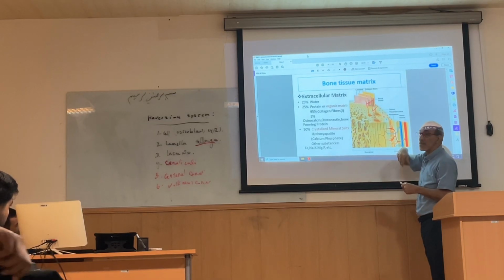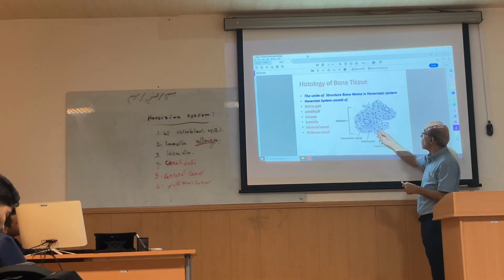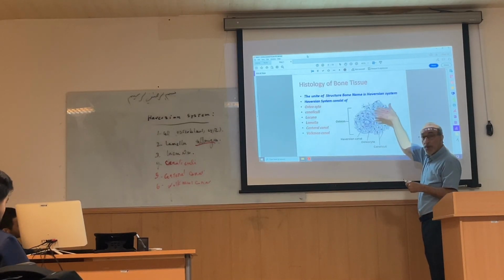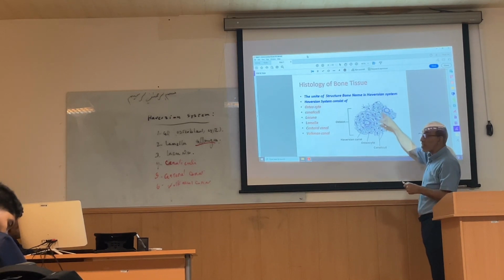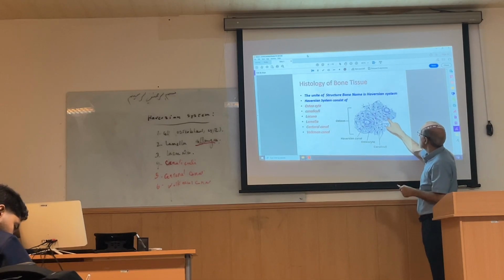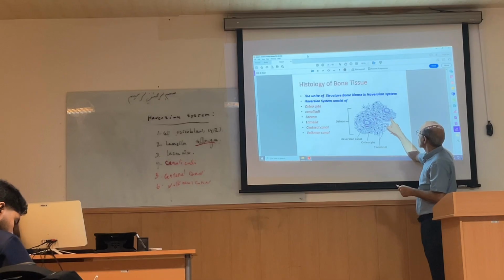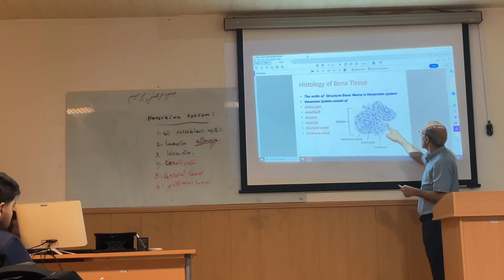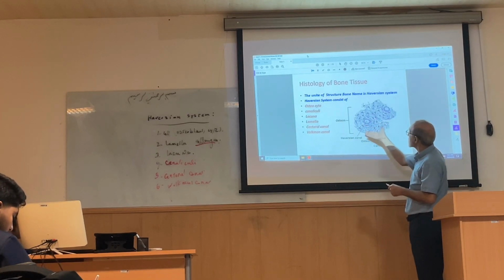This is a Haversian system. From above, this is the central canal. This is lamella, and around it the lacuna. This is canaliculi, and this is osteoblast or osteocyte. Very good. This is the Haversian system.